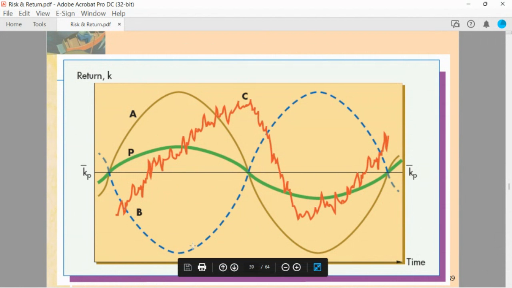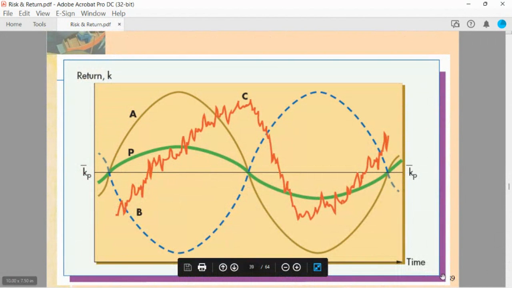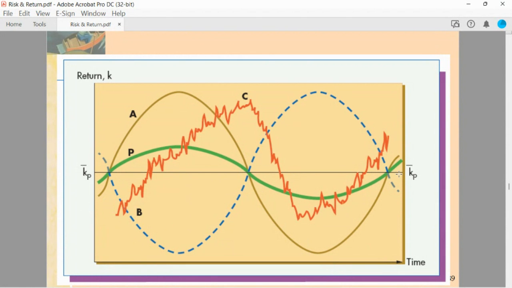Stock A and B, this is plotting the returns along the timeline. And stock A and stock B are in complete opposite. Stock A and B are showing completely opposite trend, right? That means when stock A goes up, stock B goes down. Stock B goes up, stock A goes down.